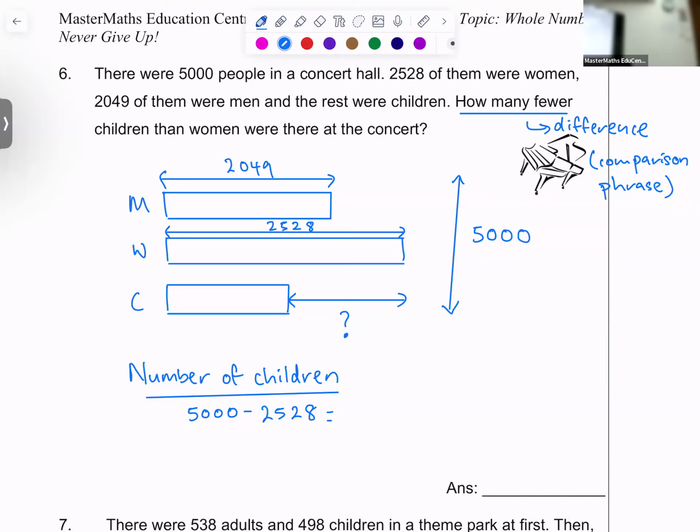Actually, maybe treat 5,000 as one number, not just 50, because you're going for the one stage, right? So you can treat the whole of 5,000 as one number.